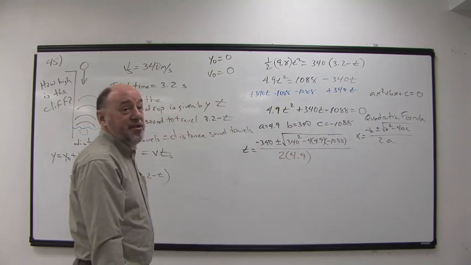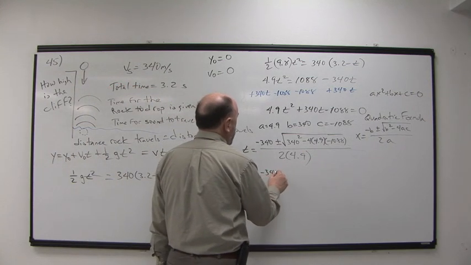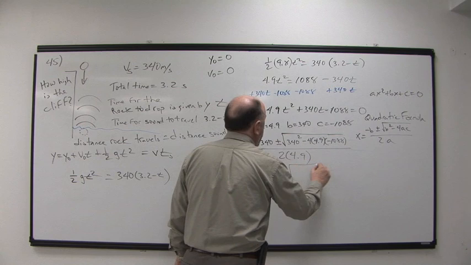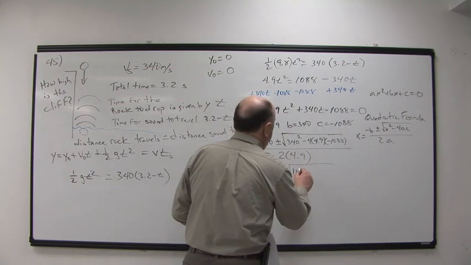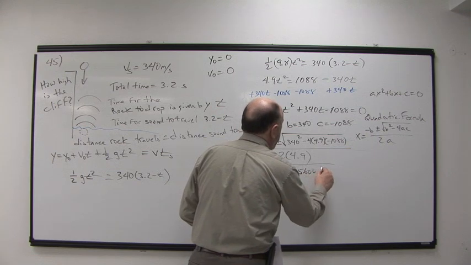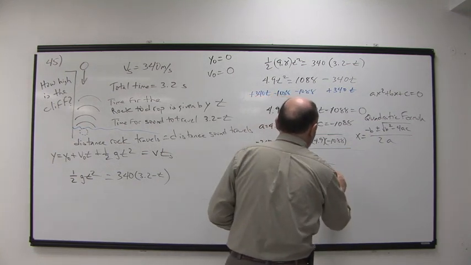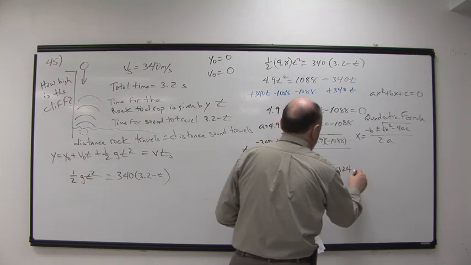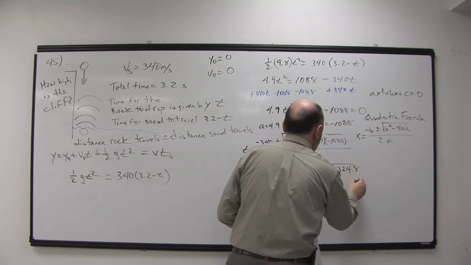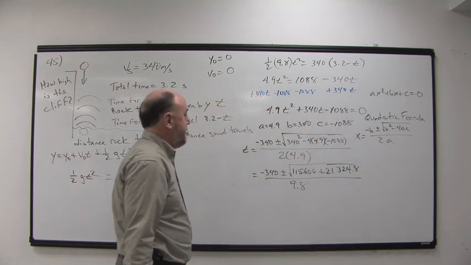Now it's a matter of number crunching. We get negative 340 plus or minus the square root of 340 squared, which is 115,600, plus 21,324.8, divided by 9.8.